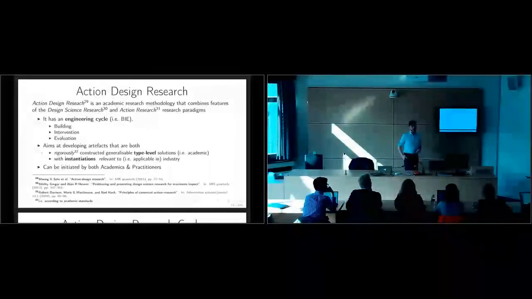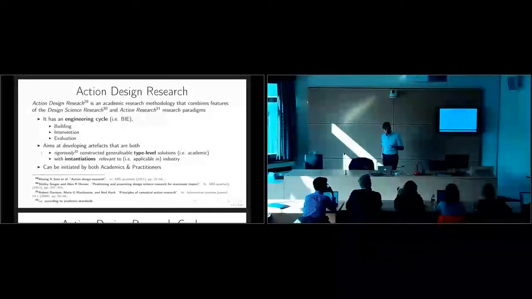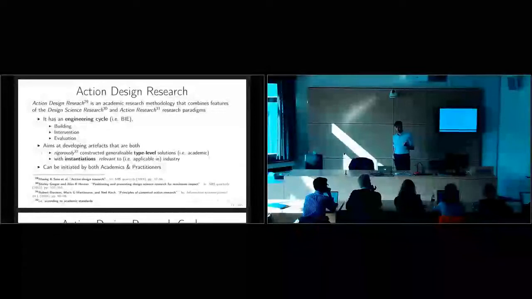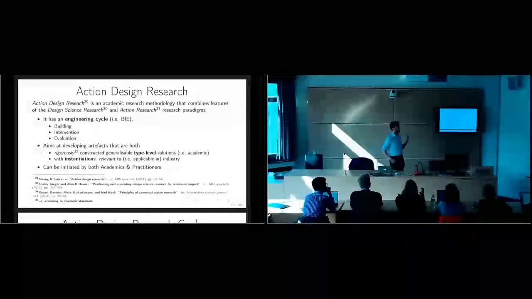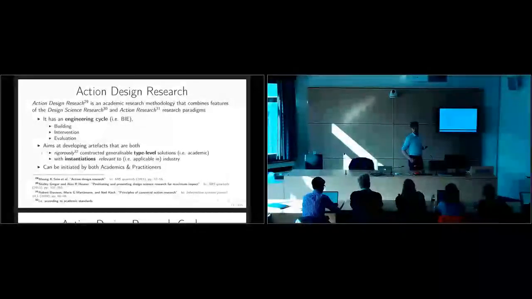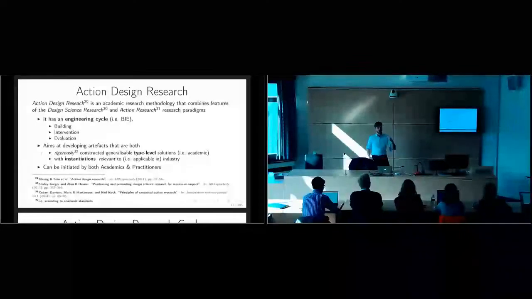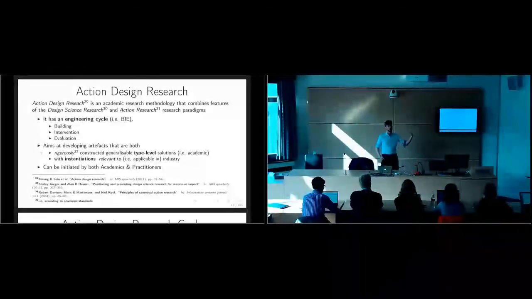So then, what are the aims of this methodology? One, we're trying to construct rigorous artifacts. An artifact is then a solution to the problem at type level. Type level means that it is not only relevant for the one company you've developed it with, but also for other companies.